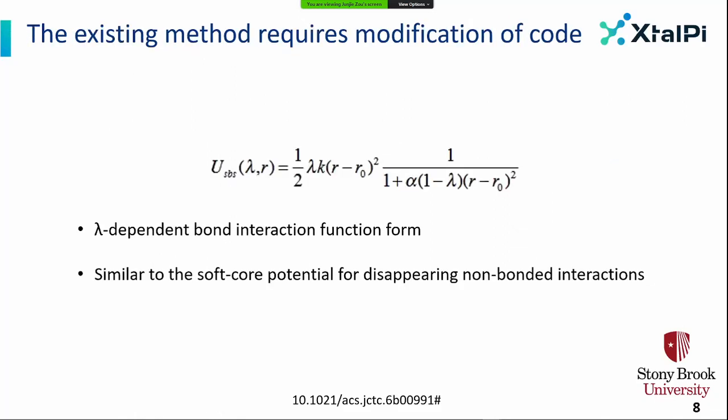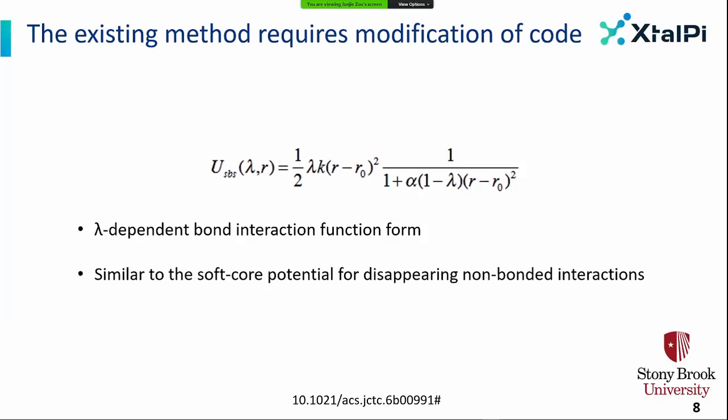There is an existing method for handling scaffold hopping in free energy calculation. It uses a lambda-dependent bond interaction form, like the soft core potential for disappearing non-bonded interactions in RBFE calculation, so it avoids singularity at far distance.